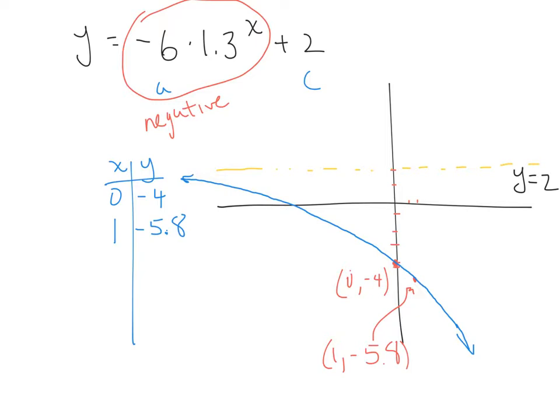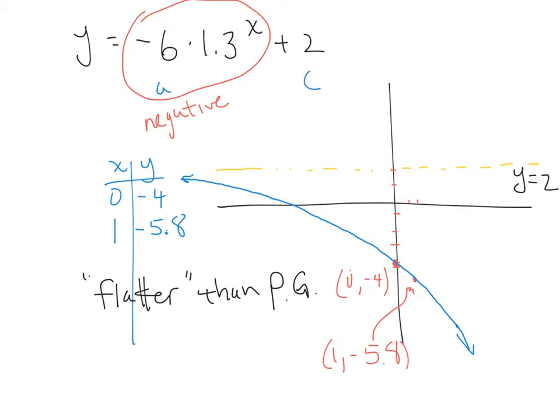So this is going to be flatter than the parent graph. I'm going to write flatter than PG, for parent graph, with a y-intercept that's 0, negative 4, and a horizontal asymptote of y equals 2. And that would be a sufficient sketch.